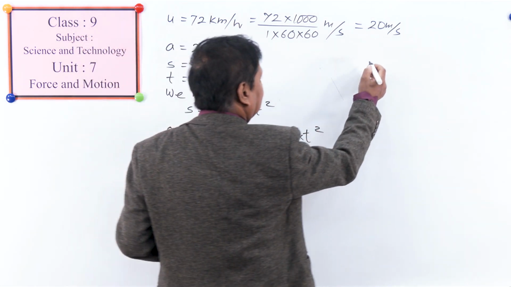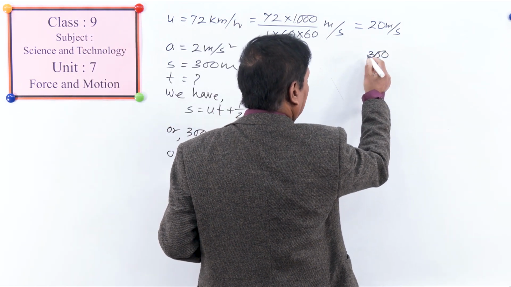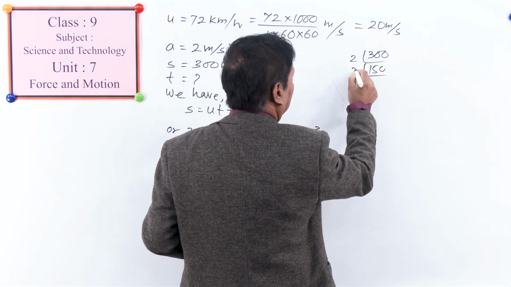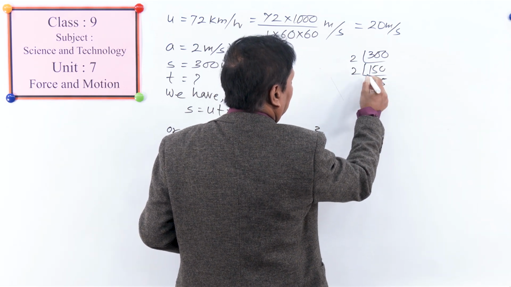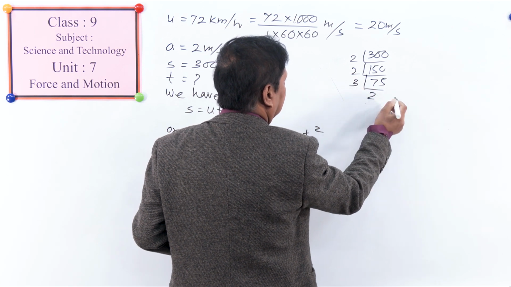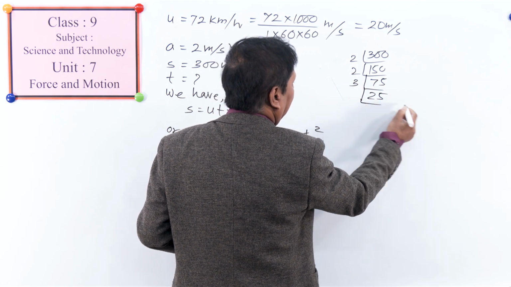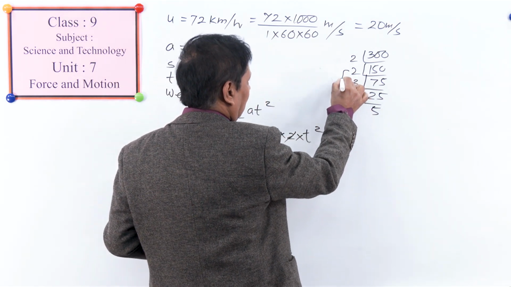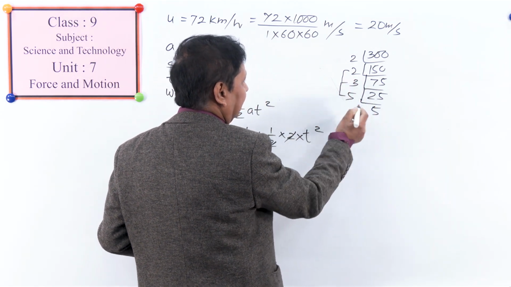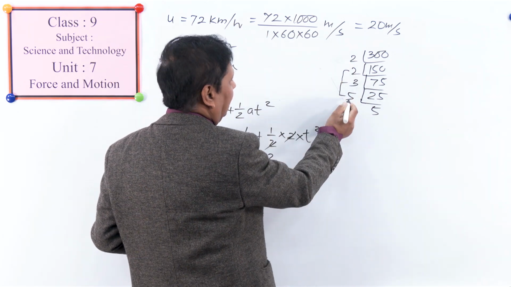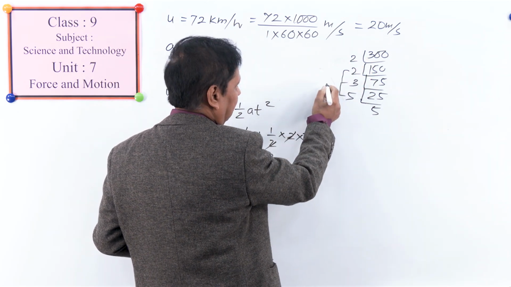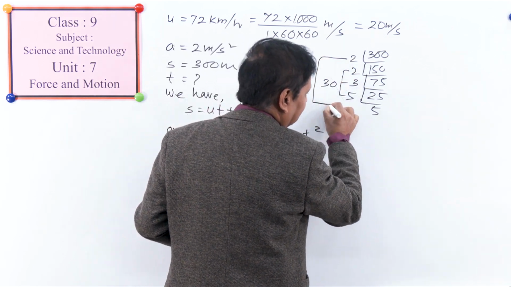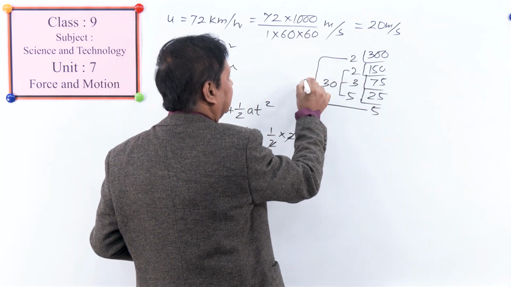This quadratic equation, we know how to solve a quadratic equation. I want to get the factors of 300 first. 300: 2 1s are 2, 2 5s are 10, 3 2s are 6, 5 5s are 25. If we make a group of 2, 3 and 5, if we multiply these 3, 5 3s are 15 into 2 is 30, and if we multiply these 2, then 5 2s are 10.